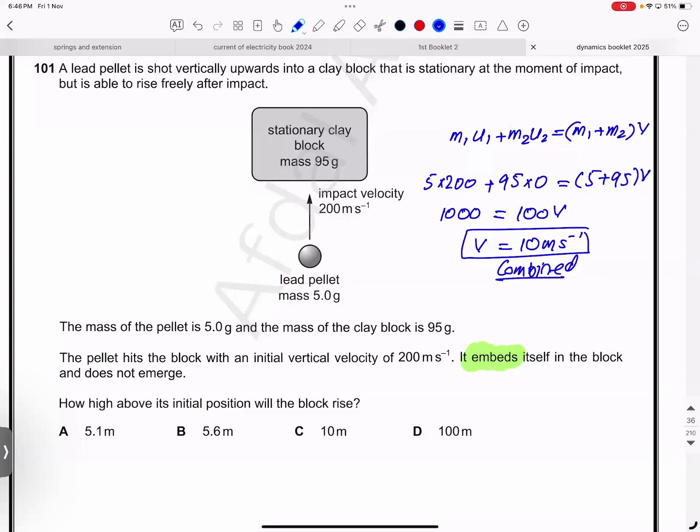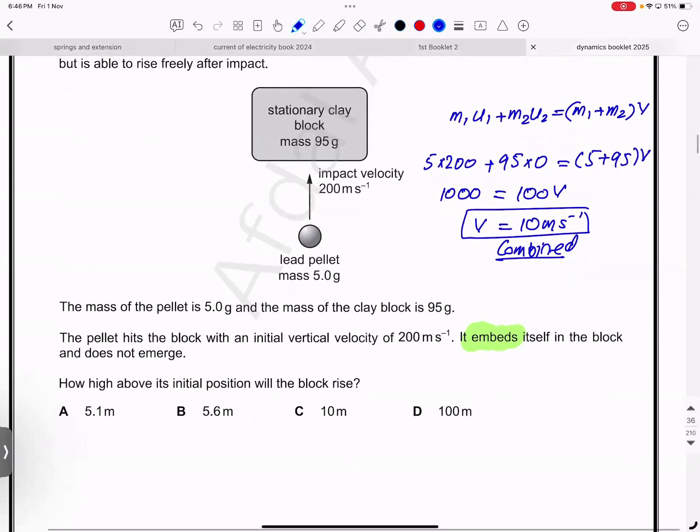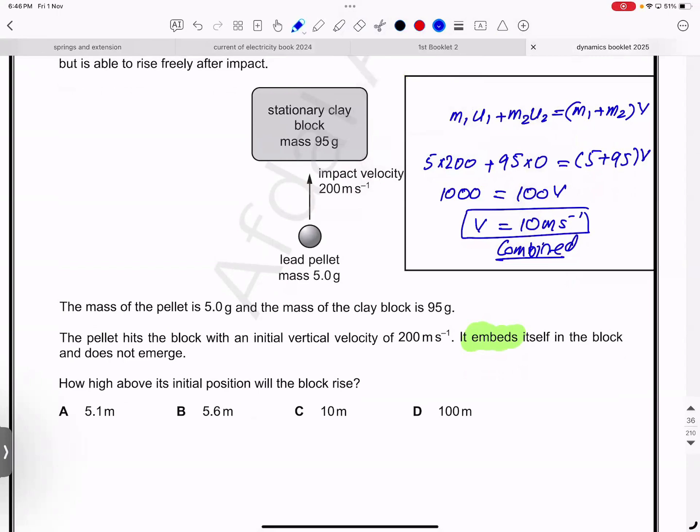Now momentum is done. Now let's go to kinematics. Very good, excellent. So step 1 was to apply momentum. Now I will go for kinematics. So the initial speed of the joined particles, the joined one, is 10.